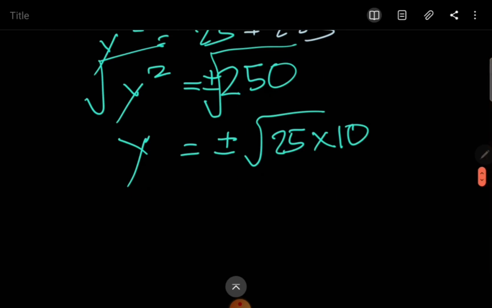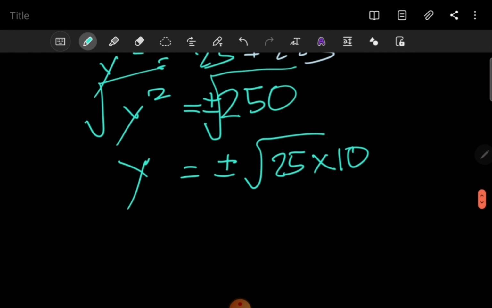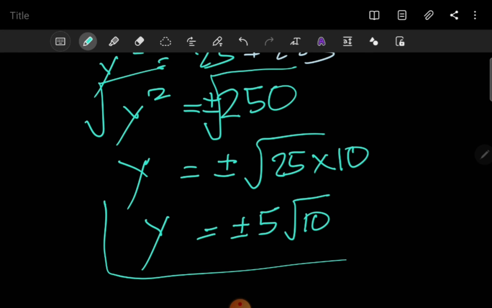Now, since 25 is a perfect square, then we can square root it, so it becomes positive or negative 5 times the square root of 10. Therefore, our y is positive or negative 5 times the square root of 10.